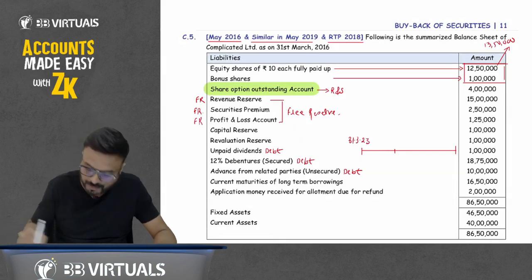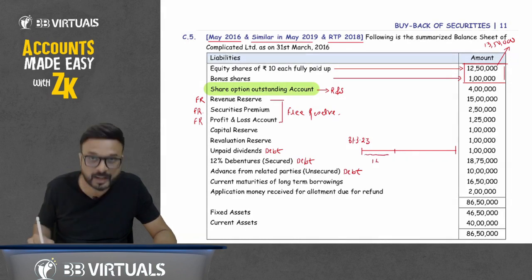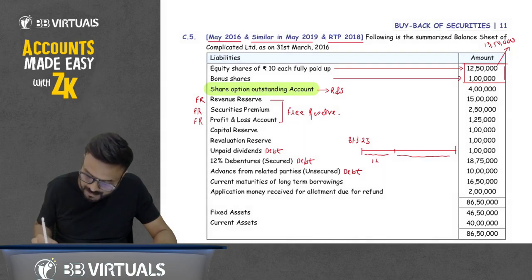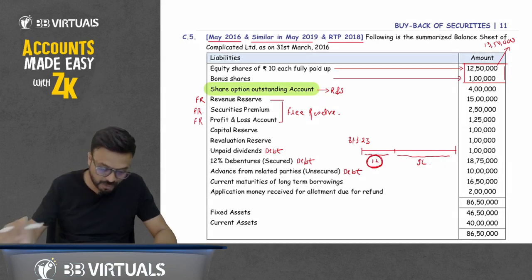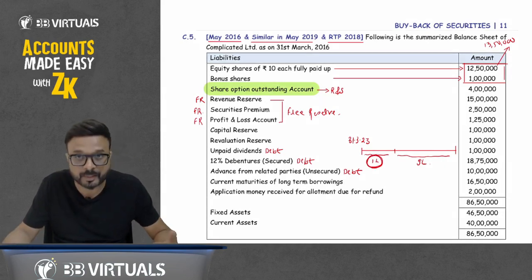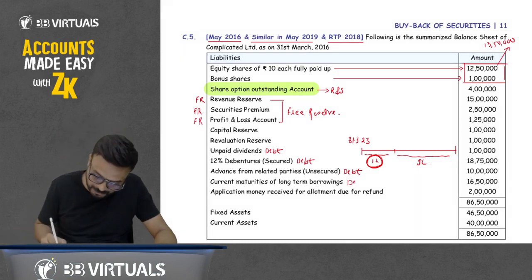The amount payable in 1 year, 1 lakh rupees, I am liable to pay, and in the next 9 years I am liable to pay 9 lakh. So this is current maturity of long-term borrowing. Okay. So it is also a liability.